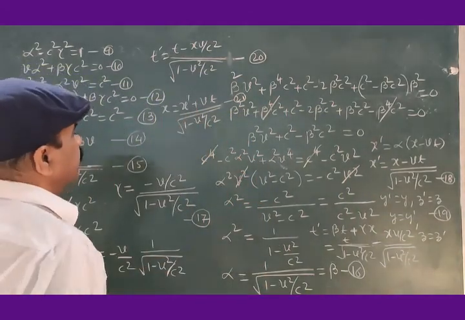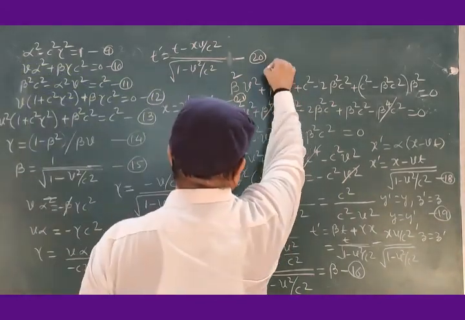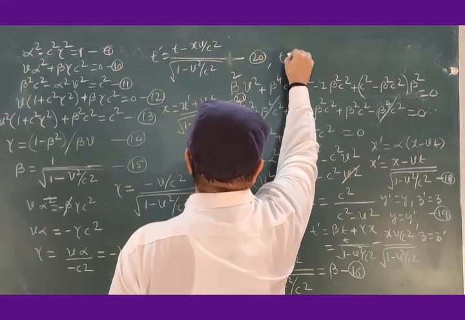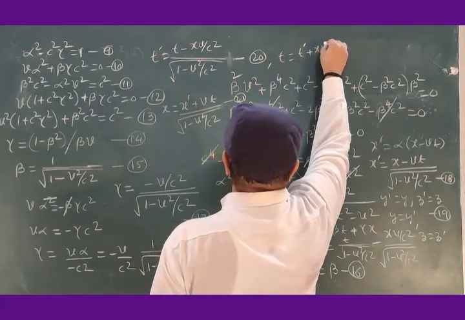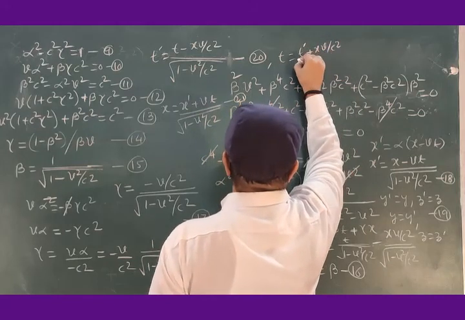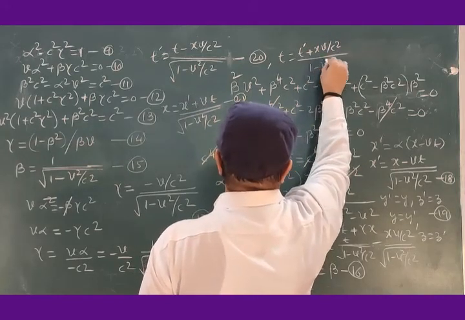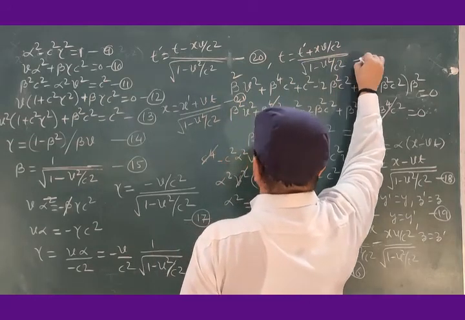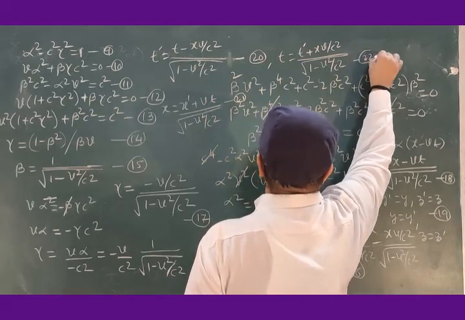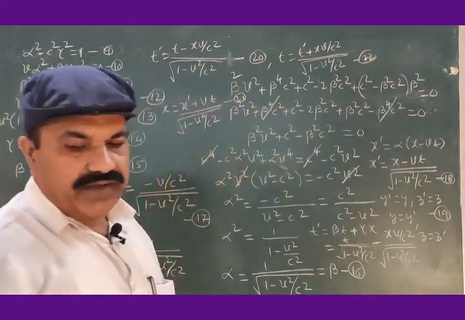What about time? t is equal to t prime plus xv by c square divided by this square root term, equation number 22.